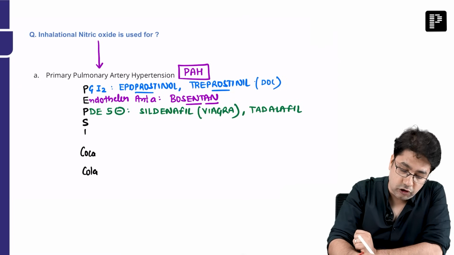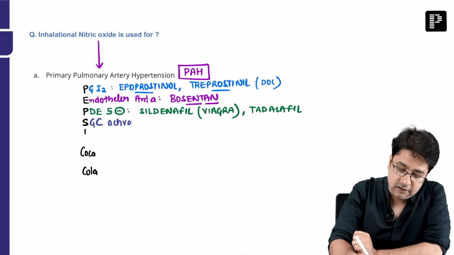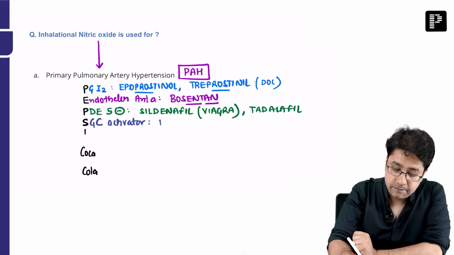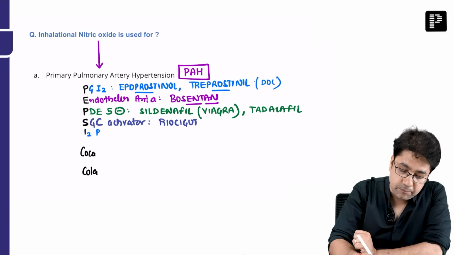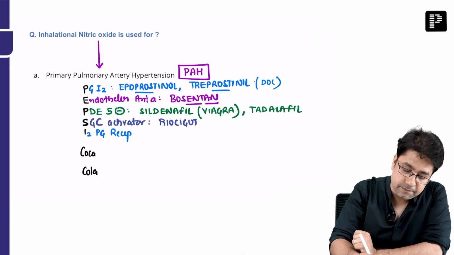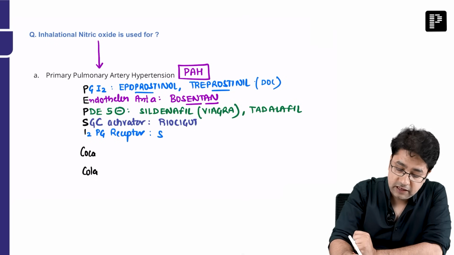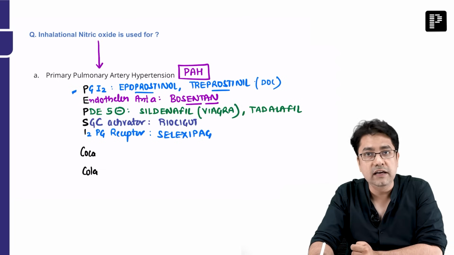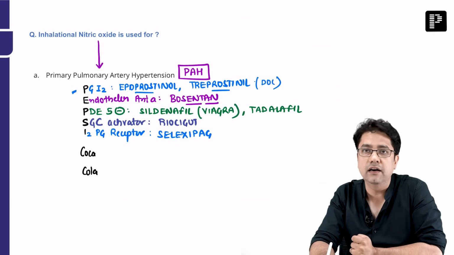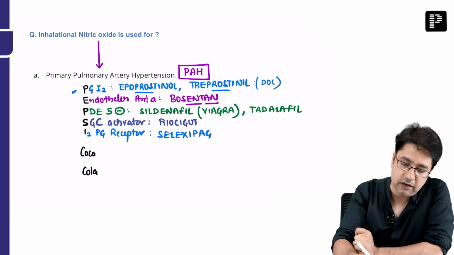Then we have soluble guanylyl cyclase, sGC in short form, activator, riociguat. A drug that directly stimulates the I2 type of prostaglandin receptor, selexipag. We developed this drug because it's an oral drug. Normal or first prostaglandin I2 drugs are injectable or inhalational.